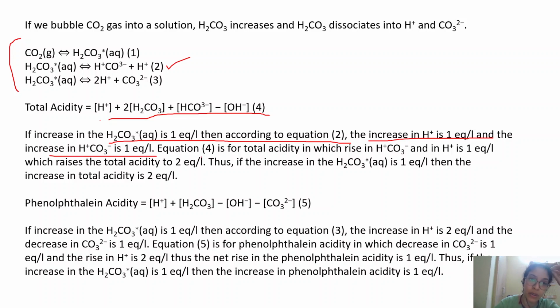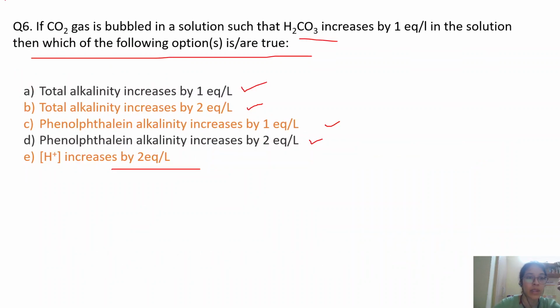And what is equation 4 saying? It is for the total acidity, in which the rise in H2CO3 and H plus is 1 equivalent per liter, which raises the total acidity to 2 equivalents per liter. Sorry, I think the acidity term will be there here. I'm sorry for my mistake.